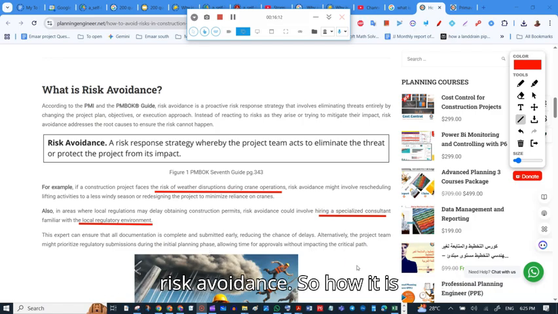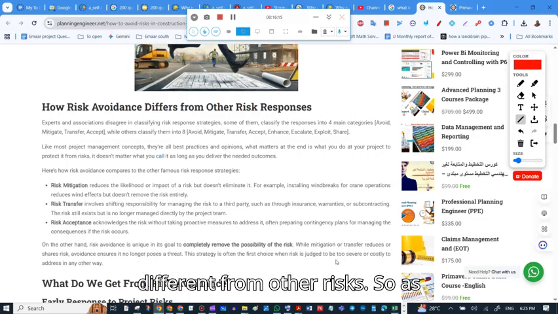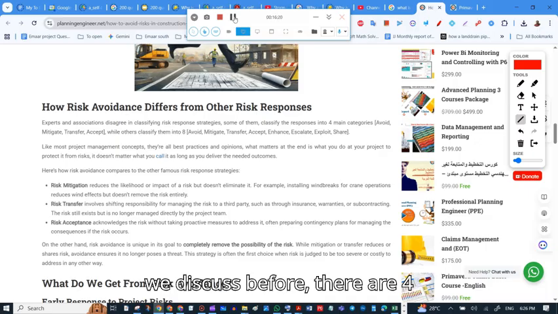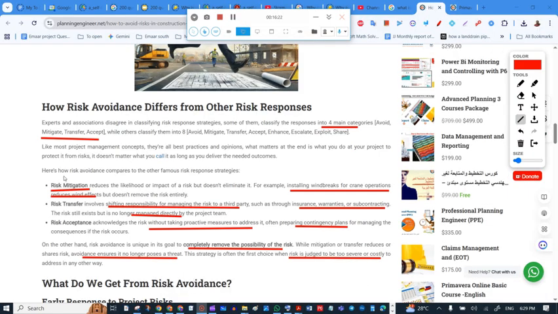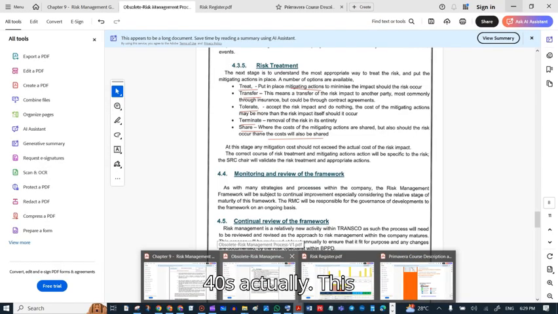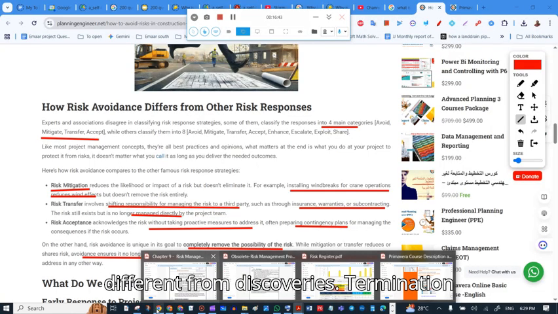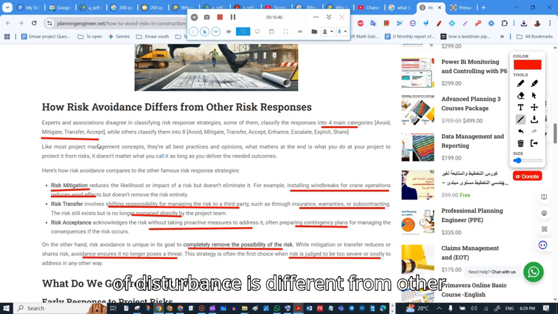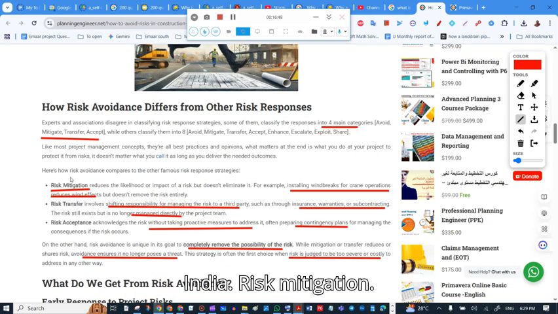So, how is it different from other risk responses? As we discussed before, there are the four T's: terminate, transfer, treat, tolerate. Termination or risk avoidance is different from the others.